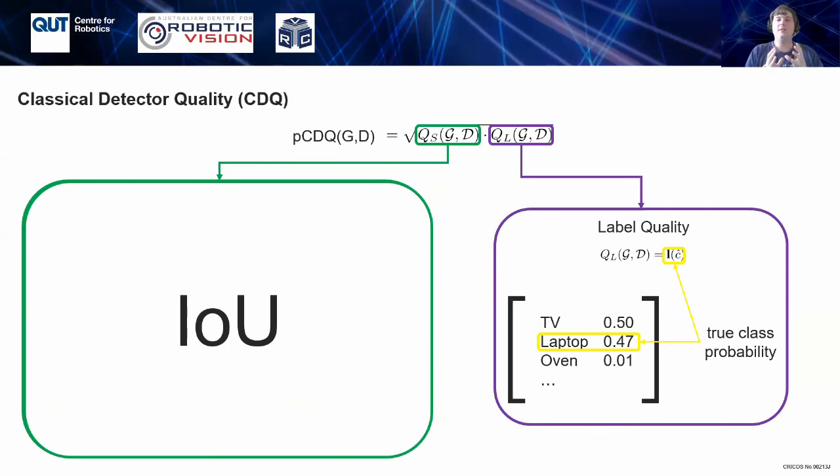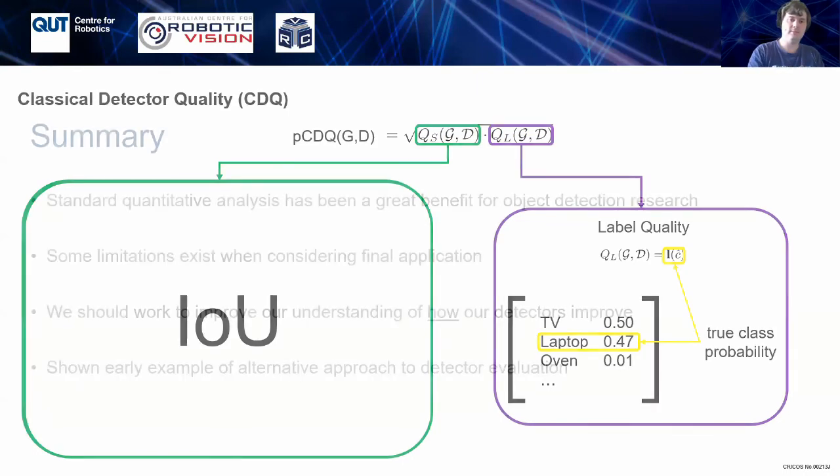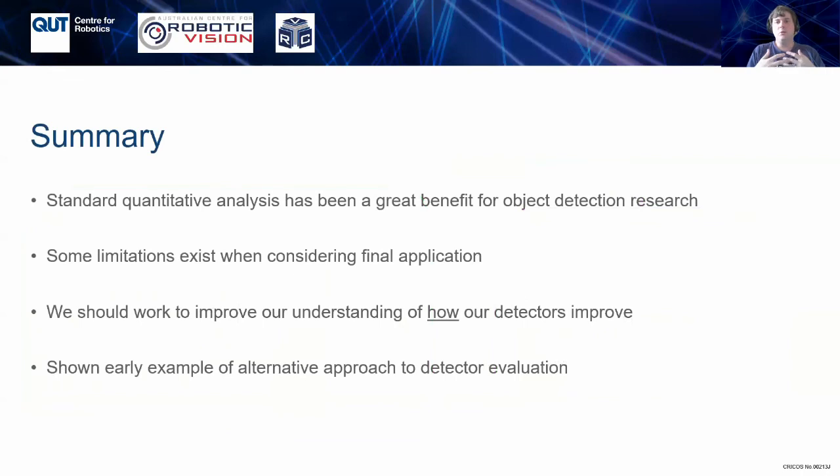So again, I'm hoping that this isn't me laying down the law of what we definitely should be doing now, but it's directions that we could go in if we choose to. And I'd be very interested in discussions afterwards, in interactive sessions, and in the future to see how we can improve how we go about evaluating object detectors. So in summary, what I hope that I've conveyed here is that our standard quantitative analysis methods have been of great benefit to object detection research.